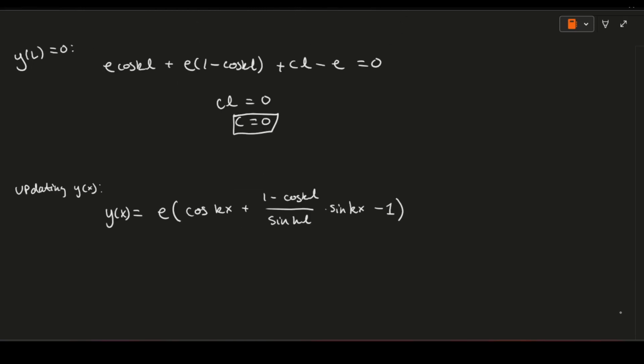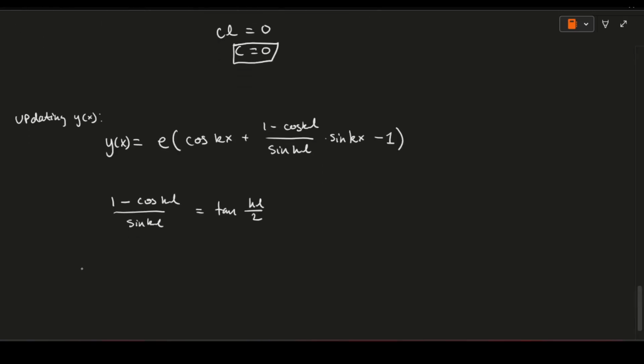Okay, we can say that 1 minus cosine kl over sine kl is equal to tangent of kl over 2.